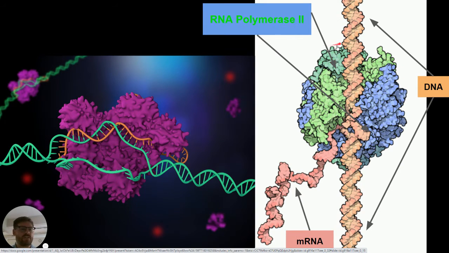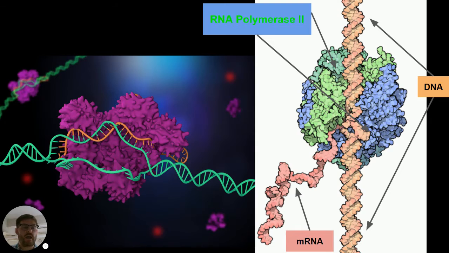So take a look at this picture of the polymerase, and you see how it's got a couple different colors. It's blue, it's light green, it's dark green. The reason for that is because this is actually a complex, or a combination, of a couple of proteins, and they all come together to make this greater thing called polymerase.